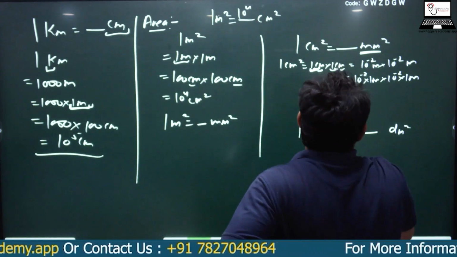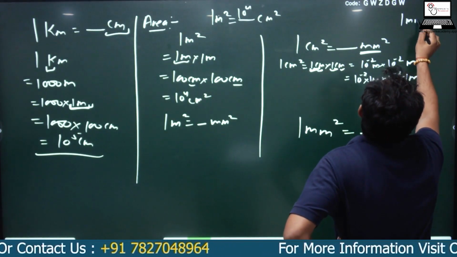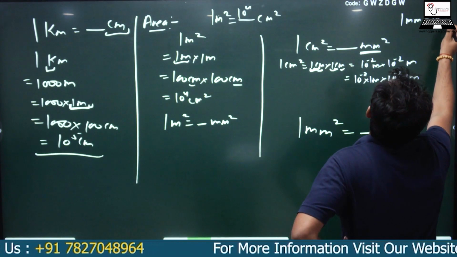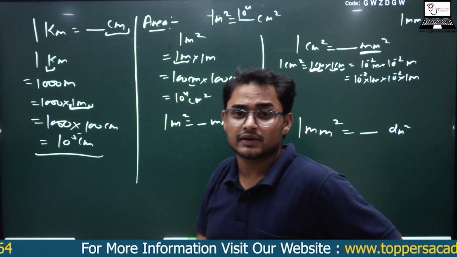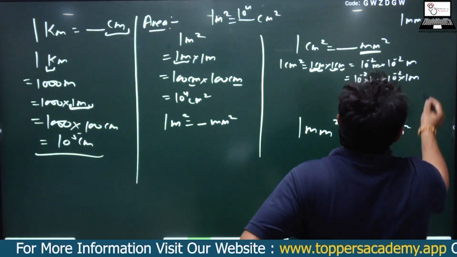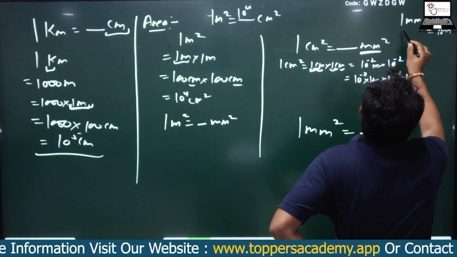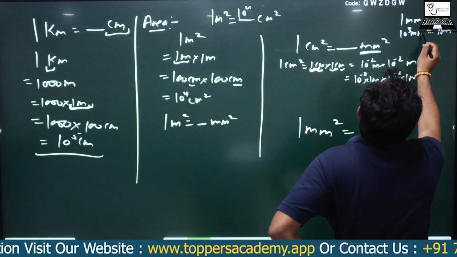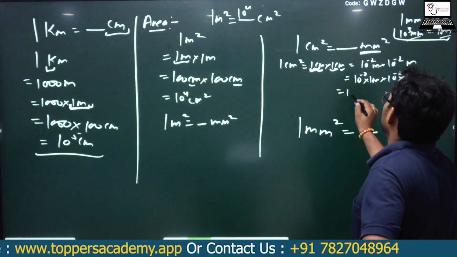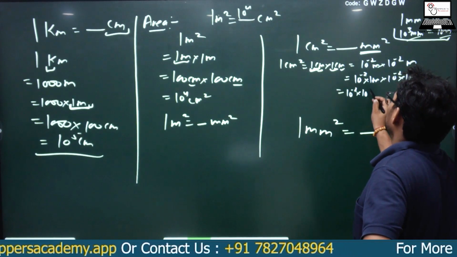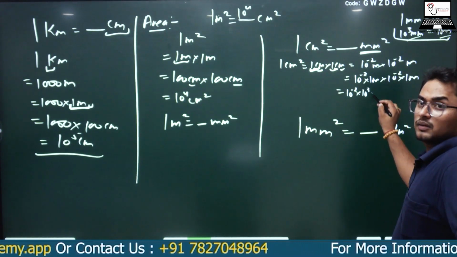And listen, the meaning of milli is 10 to power minus 3 meter. That means 1 millimeter is equal to 10 to power minus 3 meter. So obviously 1 meter will be equal to 10 to power 3 millimeter. Got it? So 1 meter is equal to 10 to power 3 millimeter. So listen, 10 to power minus 2 into 10 to power 3 millimeter.